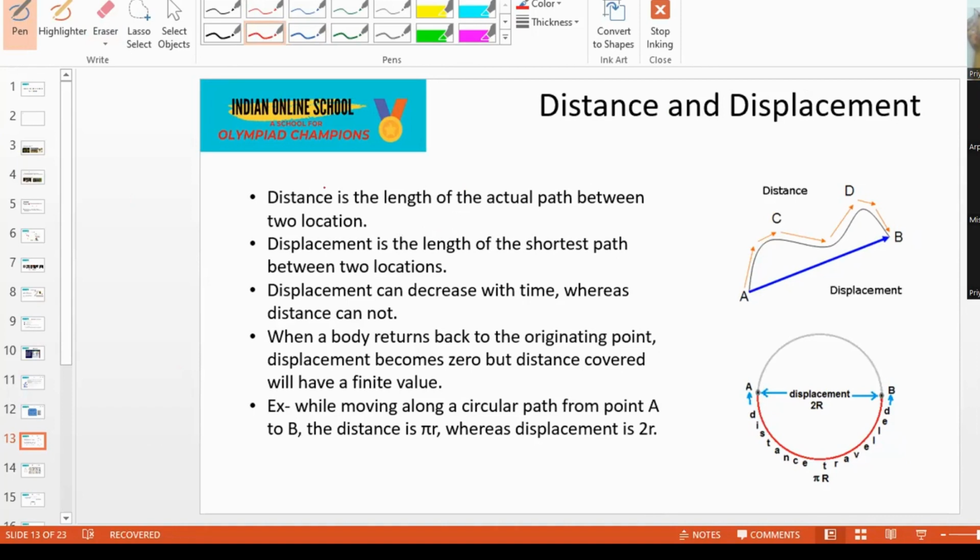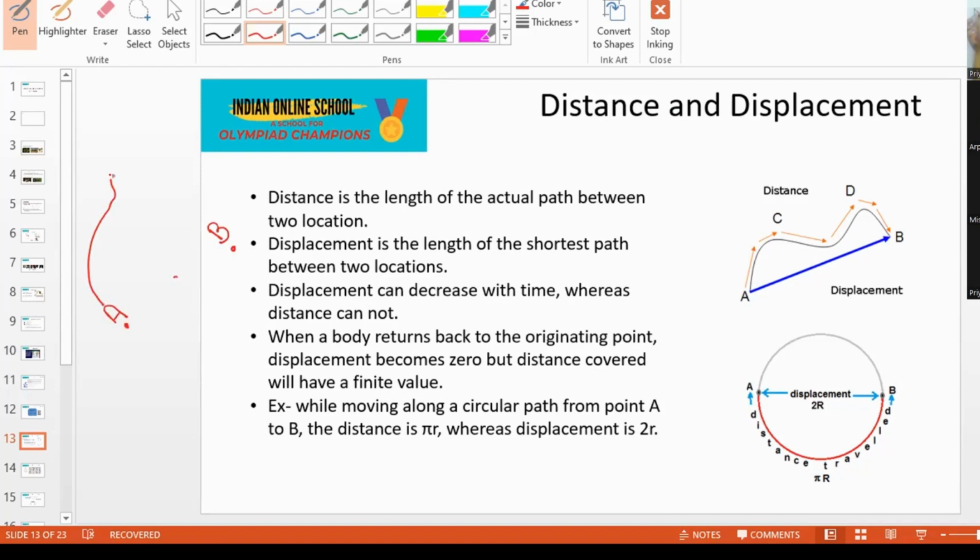Suppose A and B are two points, and to reach from A to B we have a path like this. We have to go to C and then come back to B. So the distance covered is AC plus CB.